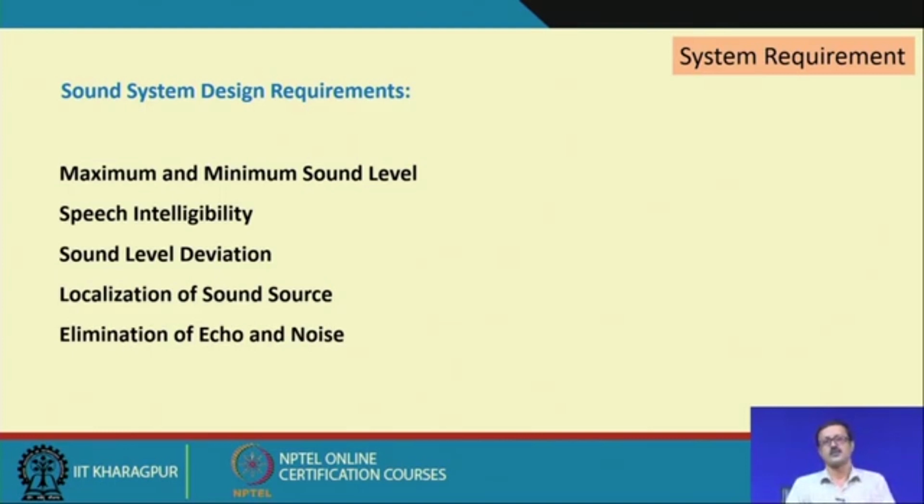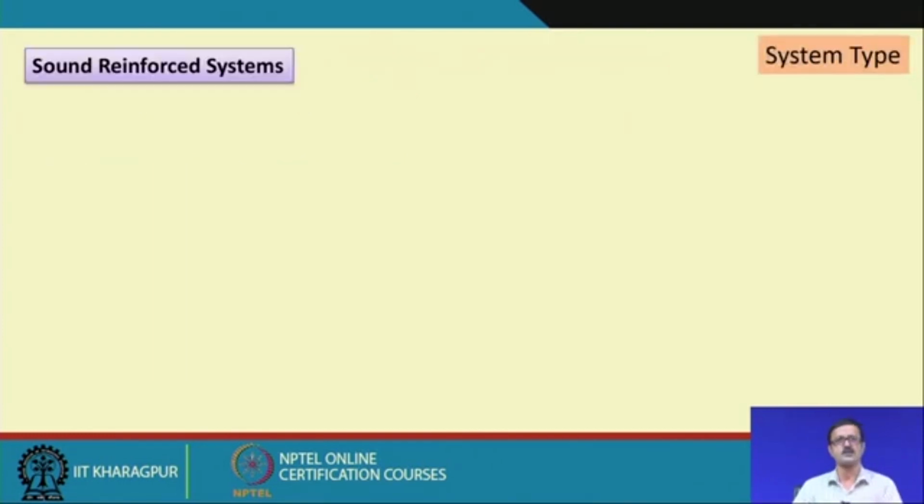That is, of course, one of the issues: this particular system should eliminate all the echo and all the noise concerned. And what are the systems? There are the sound systems, sound reinforcement systems. There are two.